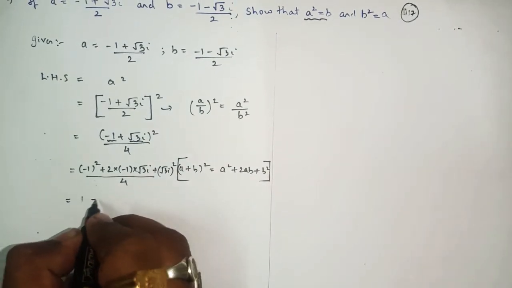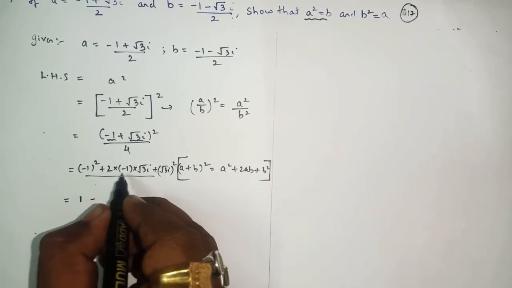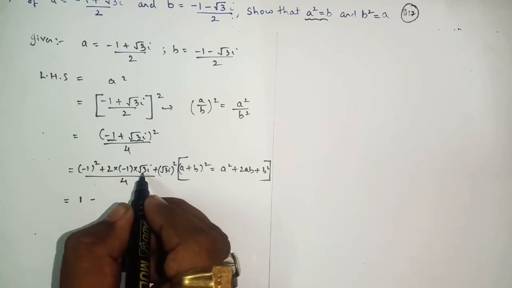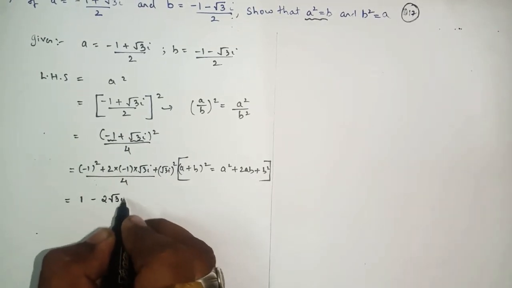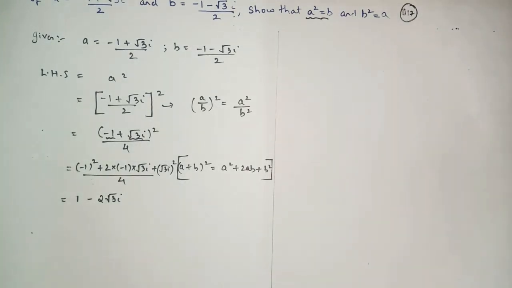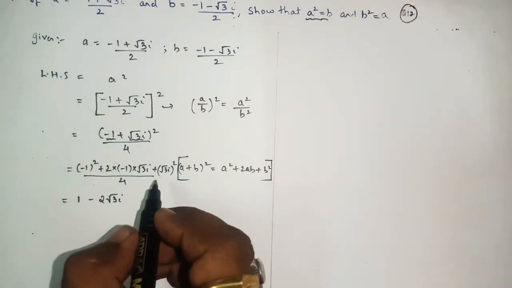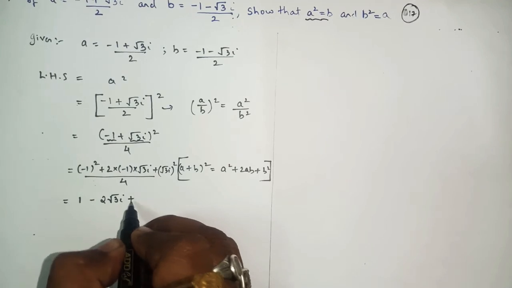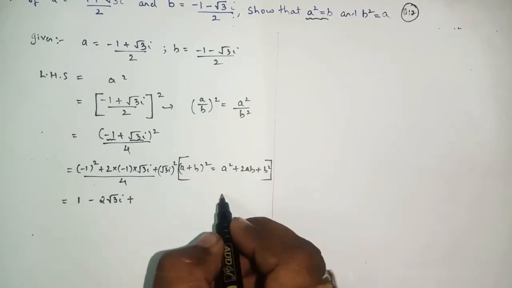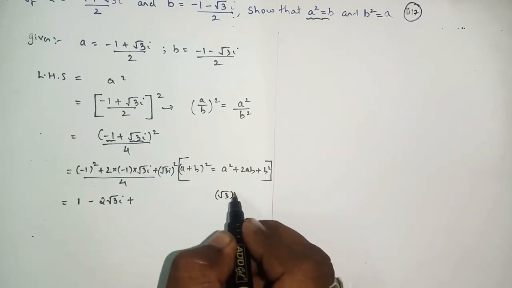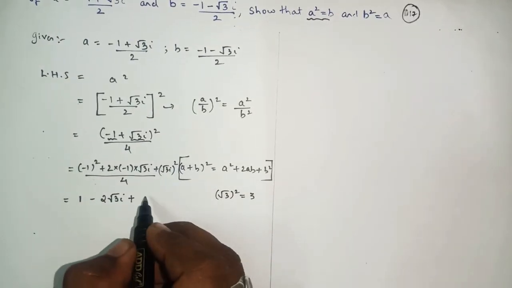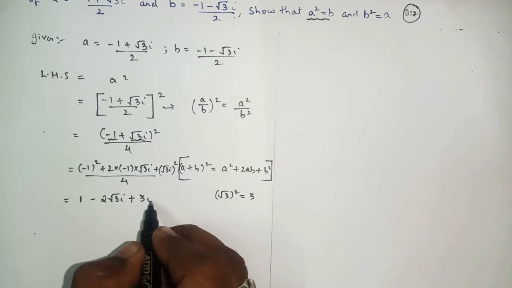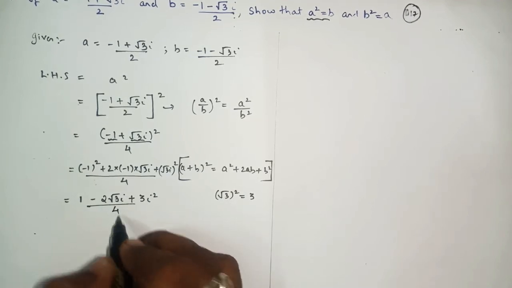The next, this plus minus will be what? Minus. So 2 into -1 is -2, and -2 into √3 i, so here we can write as -2√3 i. Then plus √3 square, so we know that √3 square is what? 3, and i square is what? So this we can write as 3 i square upon 4.